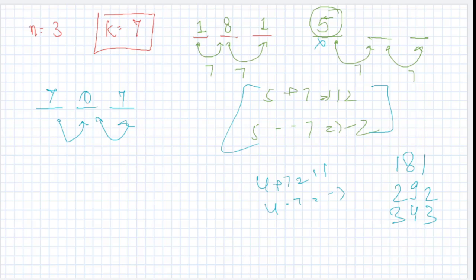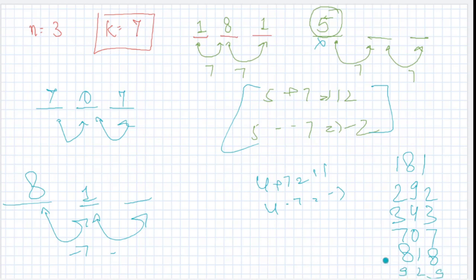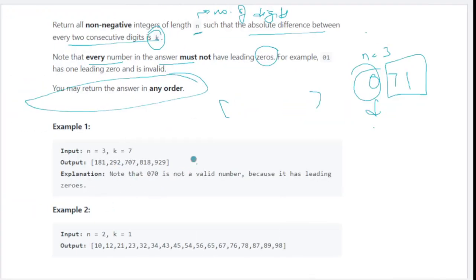Then we have 707. Then again coming to 8, we cannot add but we can subtract, and now we can add. So there comes 929. These are the answers that we will be getting, as you can see.